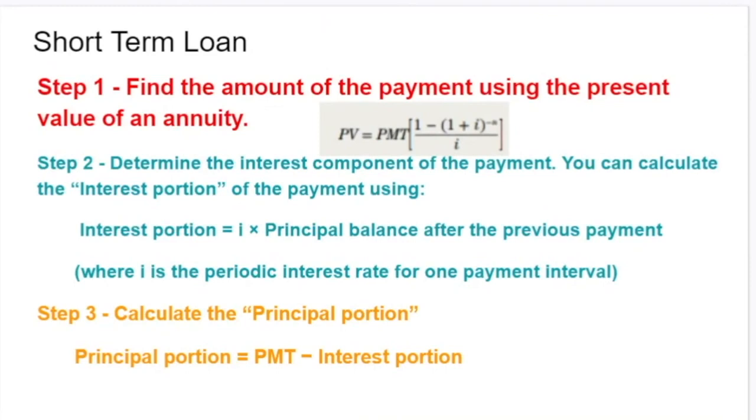So if we know the present value is the amount of the loan, and we know the interest, and we know the number of periods, we can calculate PMT, which is the payment. So instead of calculating the present value like we've normally been doing, we're going to calculate the payment. We've got all the other information except for the payment. So we're going to basically run the formula and calculate PMT based on the information that was given us.